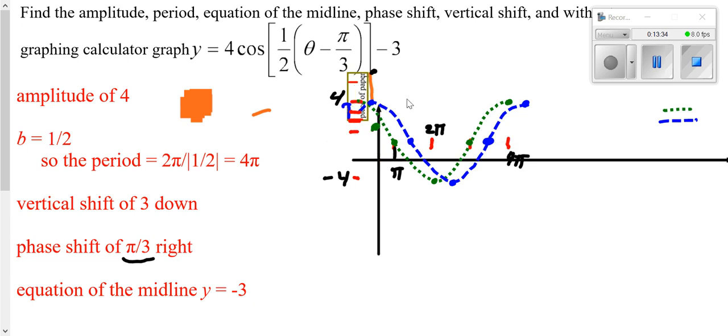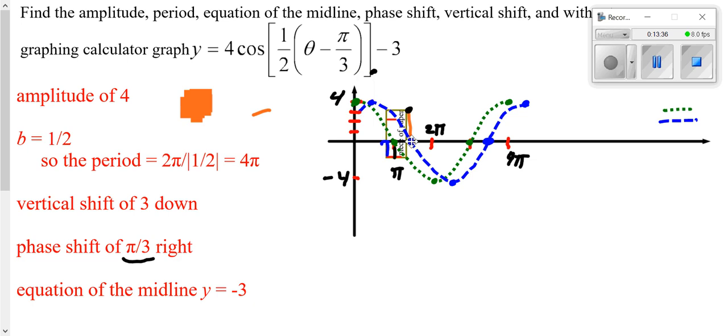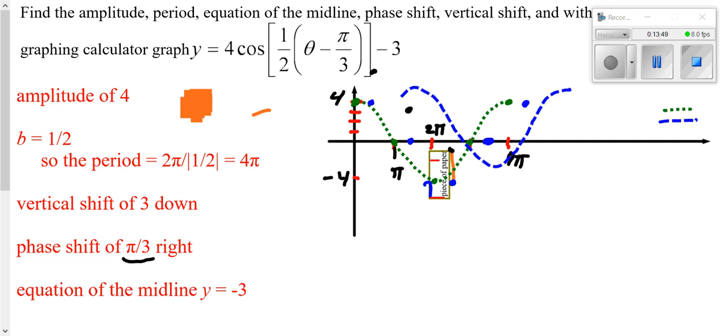Mark it, move it to the next key point on the blue, because that's the one that had our adjusted stuff on it. And then move it to the next key point.